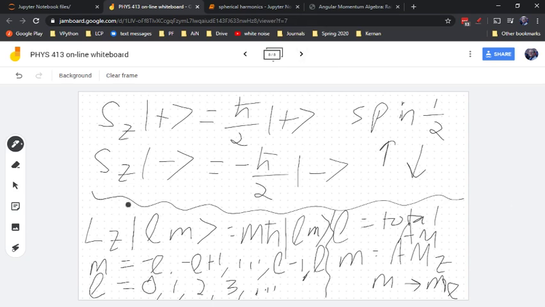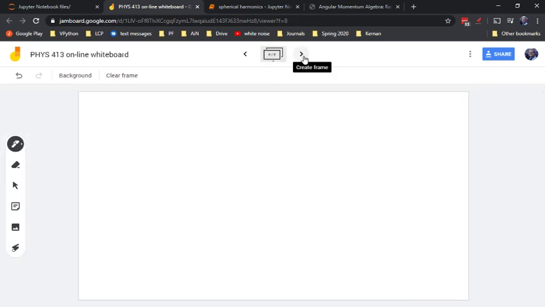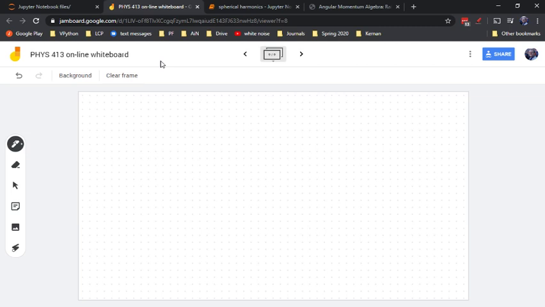In fact, the reason we have this L is because we have another operator. Angular momentum is a vector, so vectors have components, but vectors also have a magnitude. So if you take the angular momentum vector and square it, this would just be Lx squared plus Ly squared plus Lz squared.